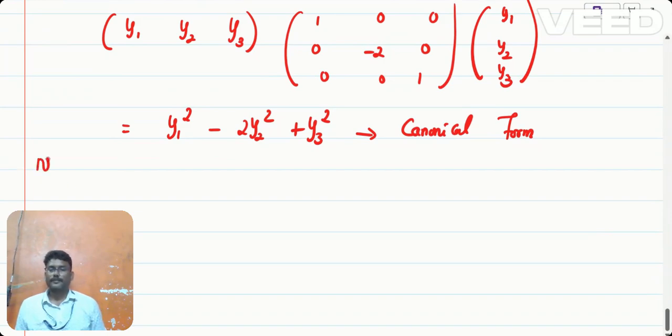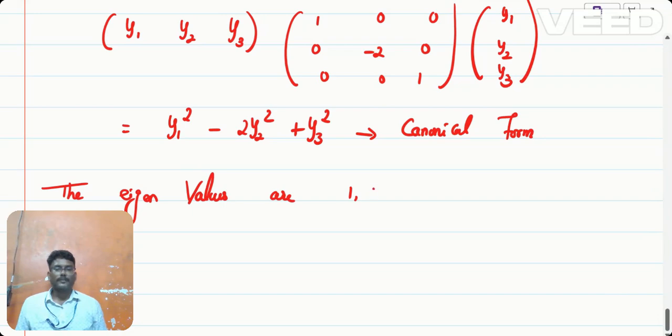Next, we'll find the rank, signature, index, and nature. The eigenvalues are 1, 1, minus 2.